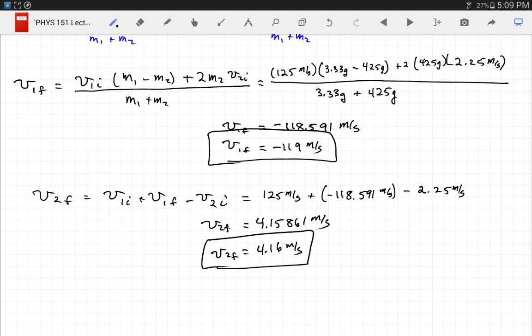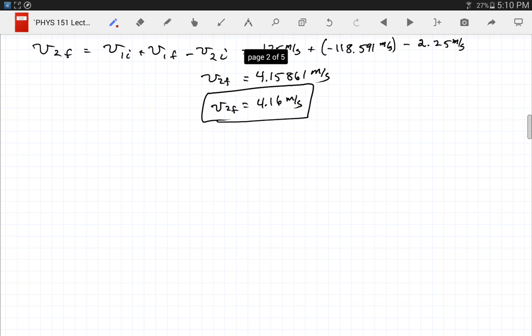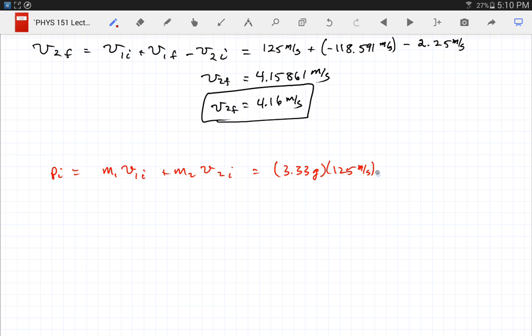I tend to agree. Now you might say, well, how do you know you're right? Well, you can always check your answer. Say you're on a test, you have 3 hours on the test, you got plenty of time. You can check your answers. I could say my momentum initial was equal to m1 v1 initial plus m2 v2 initial. So that's going to be 3.33 grams times 125 meters per second plus 425 grams times 2.25 meters per second.